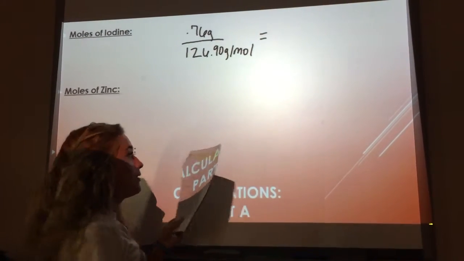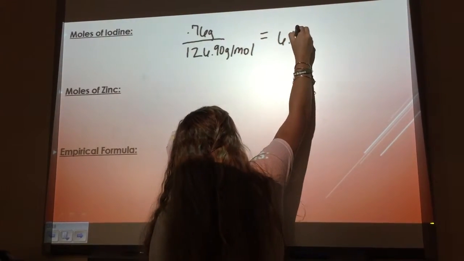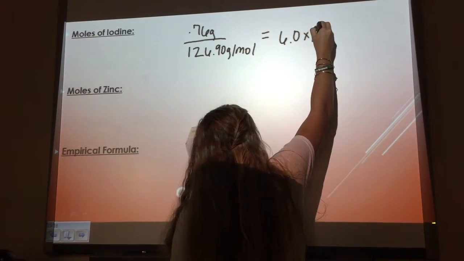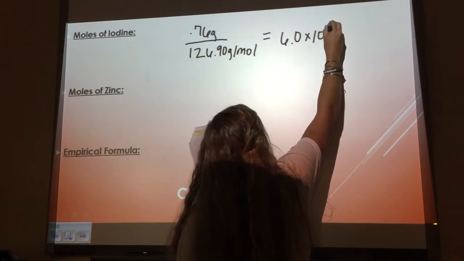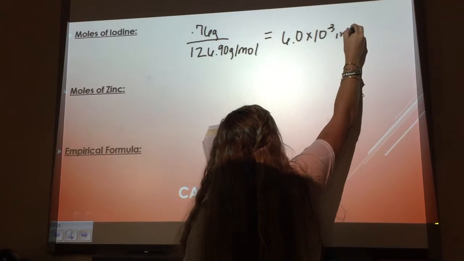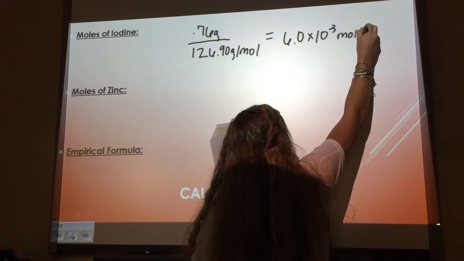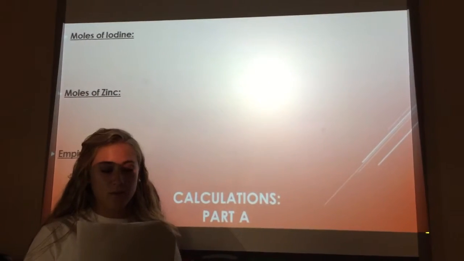This turns out to be equal to 6.0 times 10 to the negative third moles of iodine.